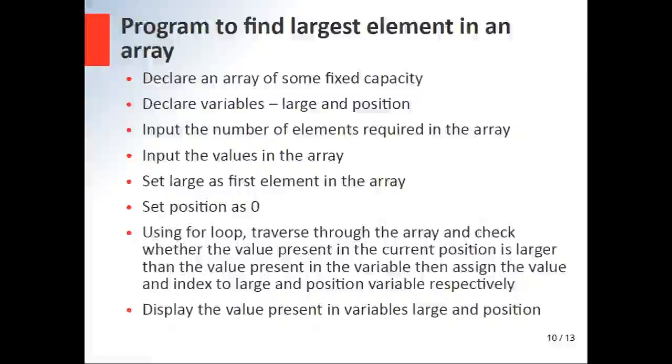So large will have the value from the array, and the index position will be stored in the position variable. Once we have gone through the loop completely, we will have the largest value in the variable and its index value in the position variable. Now we'll display the values present in these variables. We'll see the program now.